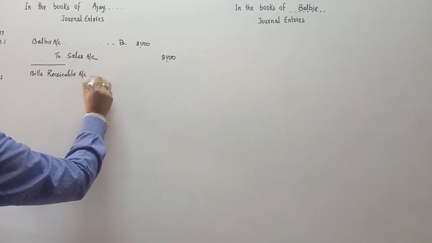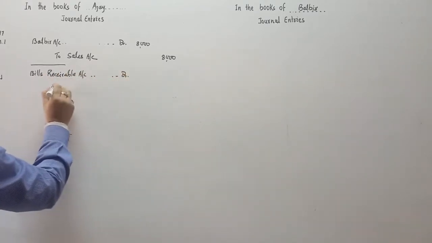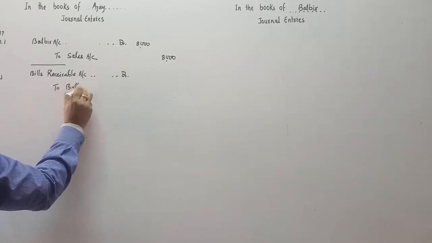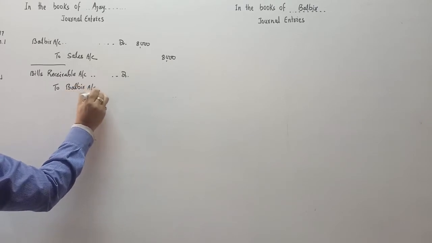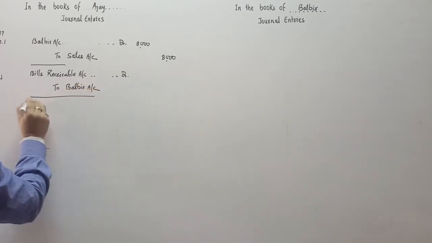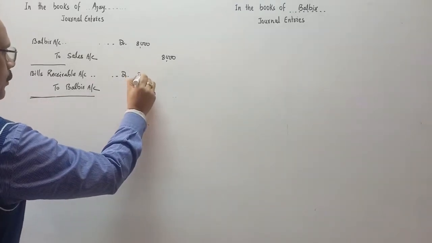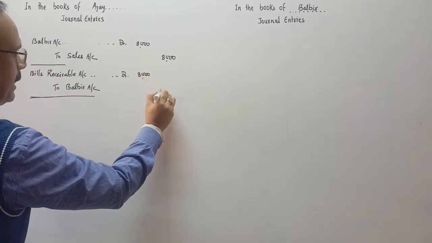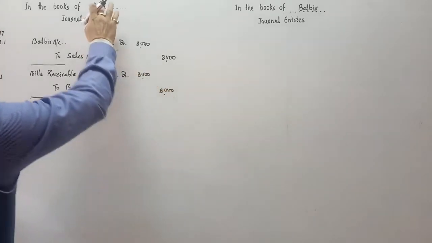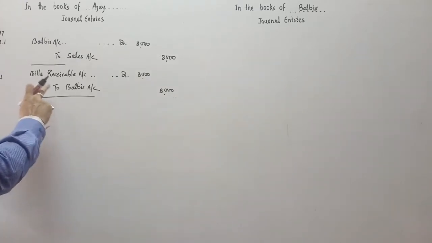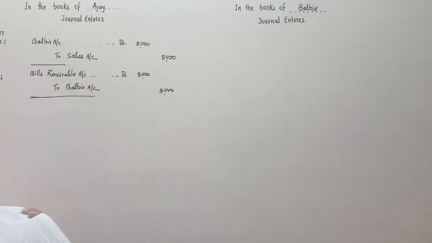Bills receivable account debit to whom? Who has accepted the bill? Balbir. So Balbir account will be credited. Is it clear? Bills receivable account debit to Balbir account. When Balbir accepts the bill, that bill becomes an asset for the drawer, for Ajay. So the drawer will do the entry bills receivable account debit to Balbir account.